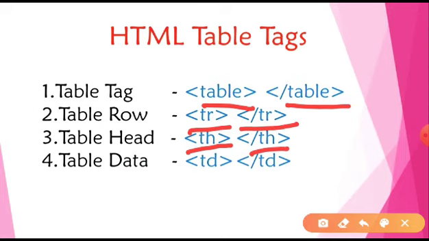So first you will put the heading, and then after you will write the td. Td means table cell or table data, means below that you will write the employee ID number, like here 1010, 2010, 902, something like that.